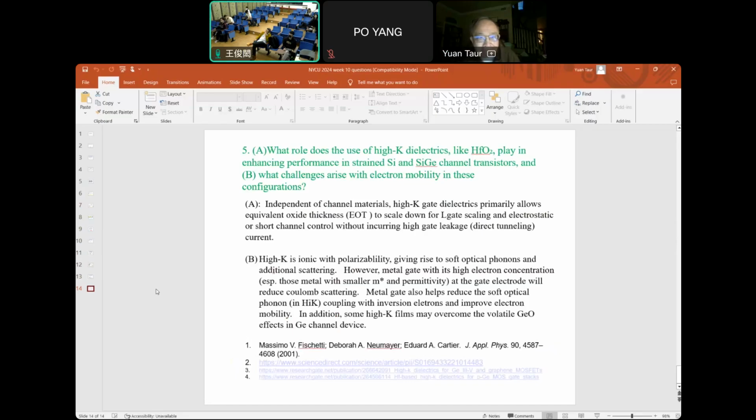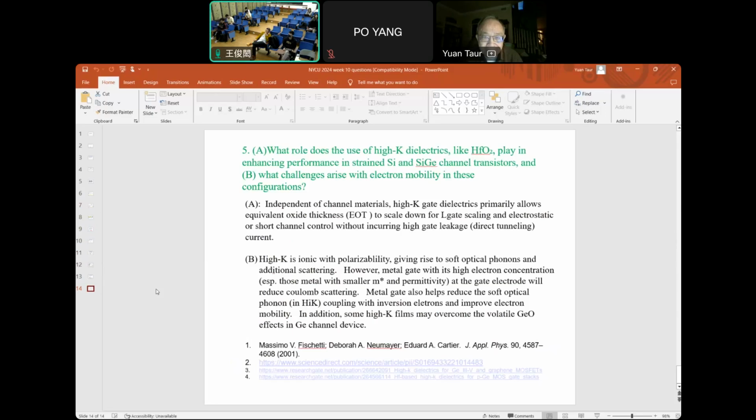Okay. I think Professor Hao introduced scaling and the high K concept. Actually, independent of the channel material, we try to scale in the traditional sense, the geometry or the gate length. We need to be able to thin down the oxide thickness from a gate control standpoint, but there's a direct tunneling limit.